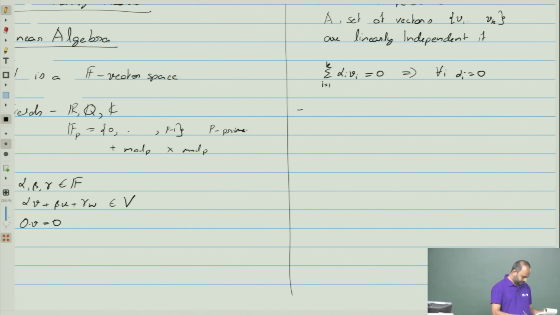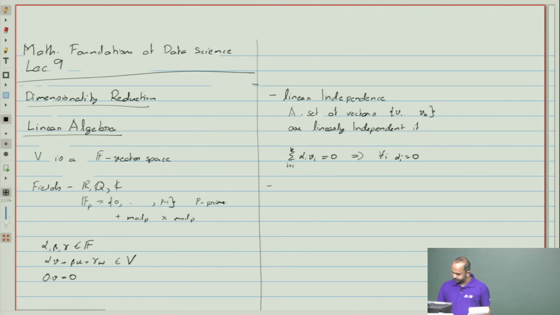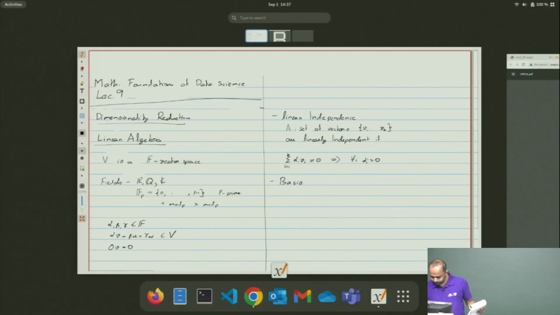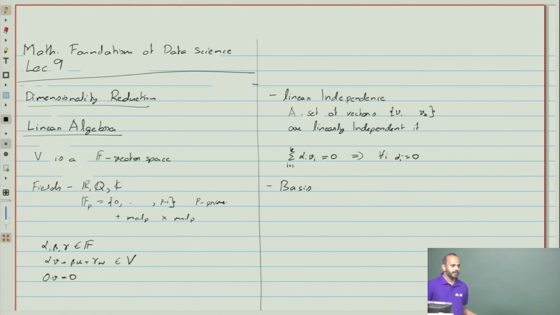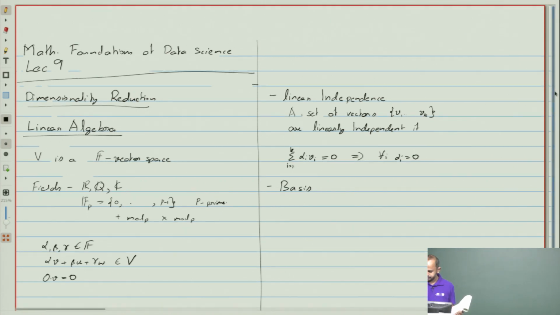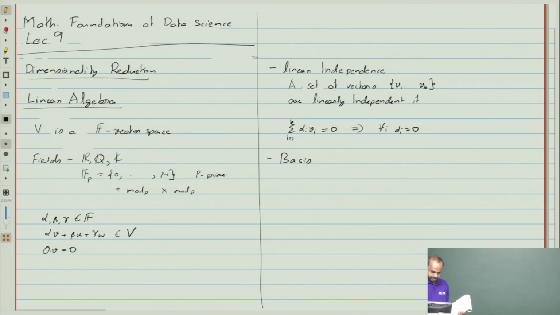Once we understand this, what is a basis for the vector space? It is a set of vectors with which you can express any vector as a linear combination using only those vectors.